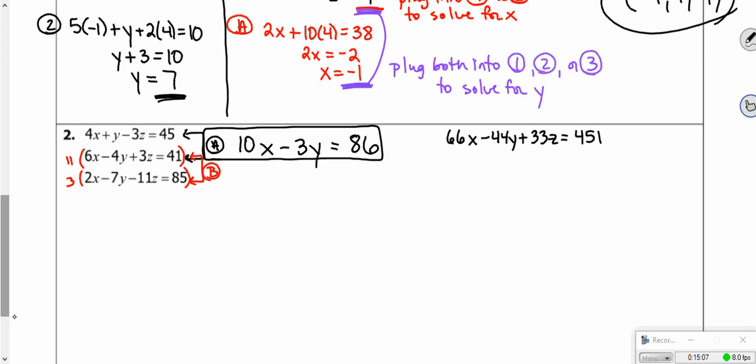I should have just done it in my head. And then on the bottom here, if I multiply the bottom times 3, I have 6x minus 21y minus 33z equals 85 times 3 is 255.